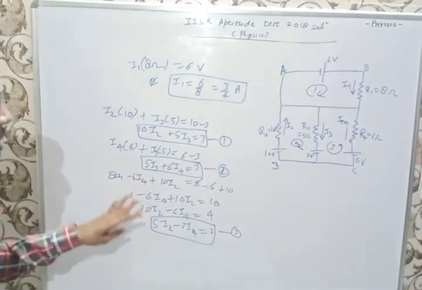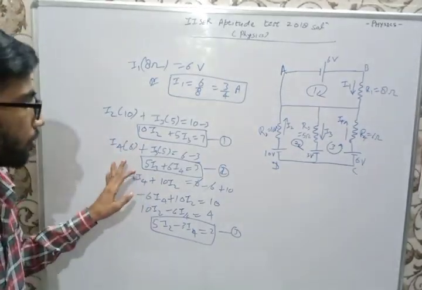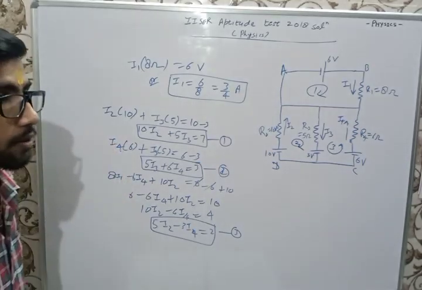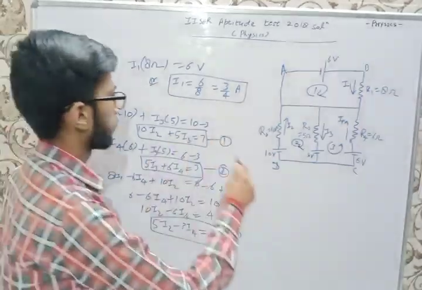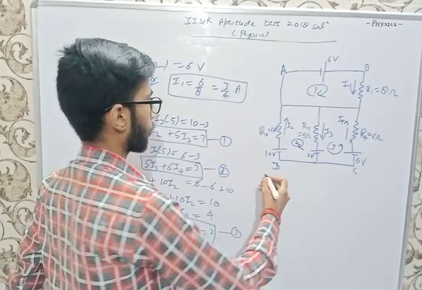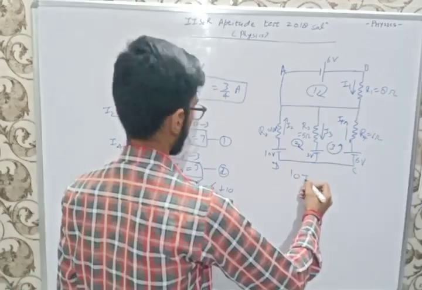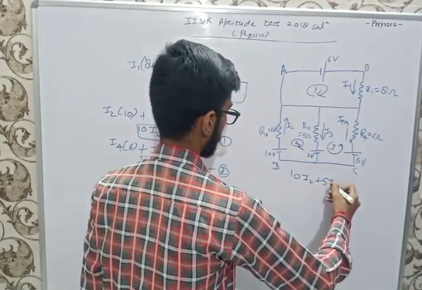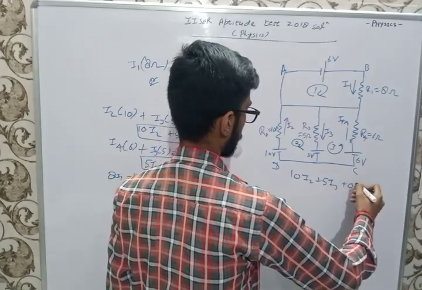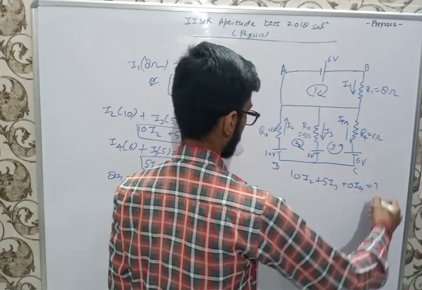For such a set of equations, I will solve them by the matrix method. For the first equation I can write 10 I2 plus 5 I3 plus 0 I4 equal to 7.